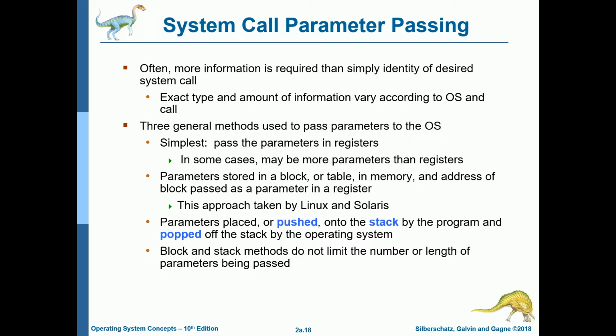In this case, the parameters are generally stored into a block or a table in memory. Another approach is that parameters can be pushed onto a stack by the program and popped off the stack by the operating system. Some operating systems prefer the block or stack method because those approaches do not limit the number or length of the parameters being passed.